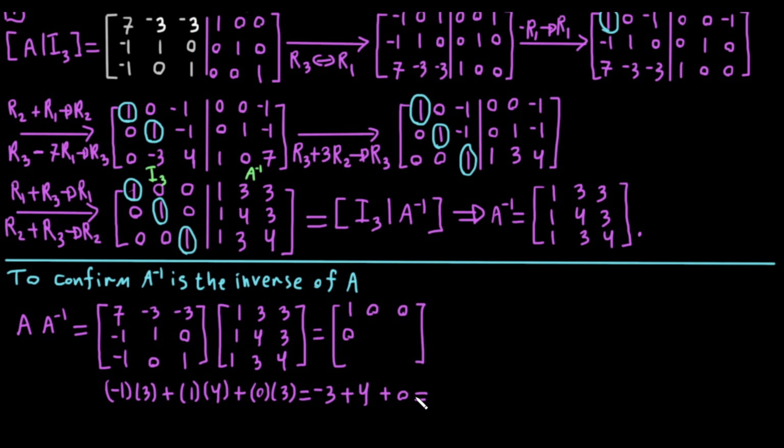So negative 3 plus 4, which is 1, plus 0, equal to 1.